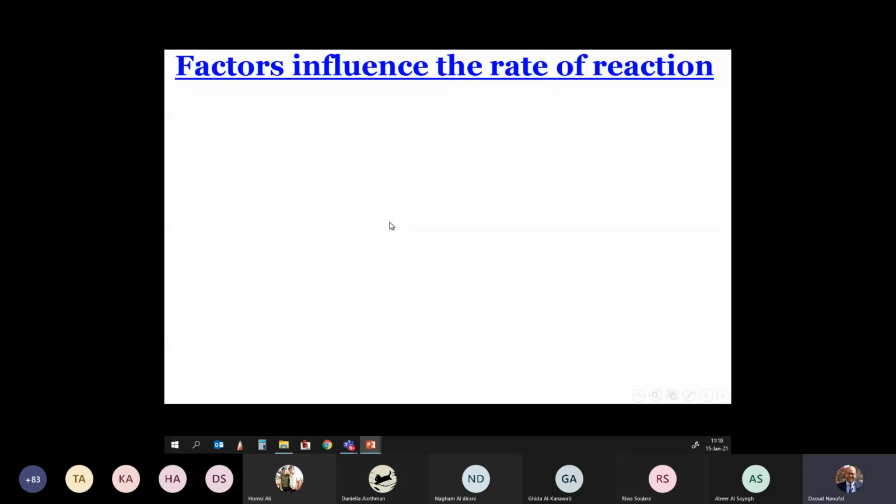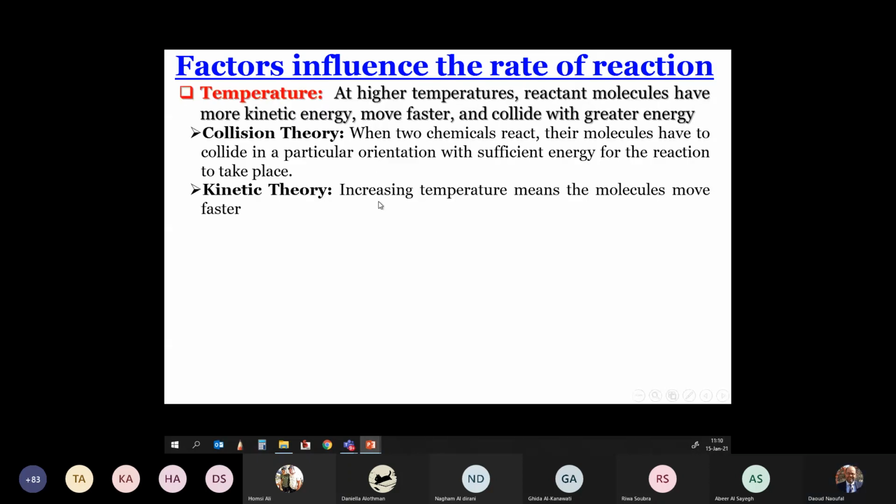What are the factors that affect the rate of a reaction? First, the temperature. In grade 12, you studied that the temperature is a kinetic factor. When the temperature increases, the rate of the reaction increases.